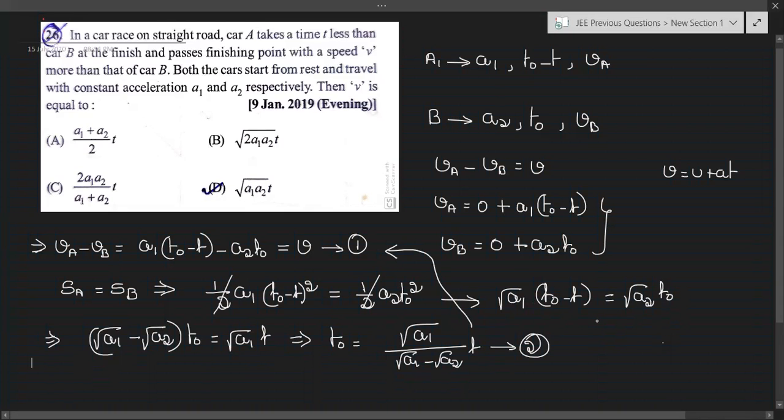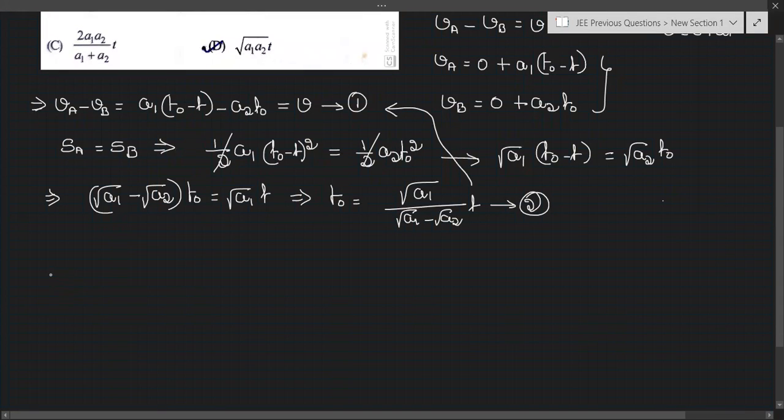So the first equation I can rewrite as (a1 minus a2) into t naught minus a1 into t is equal to v.